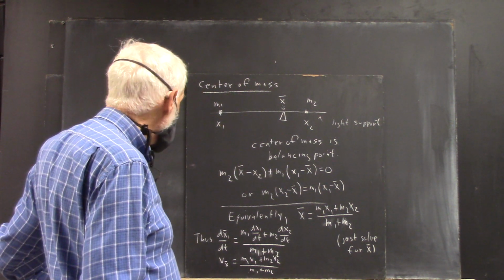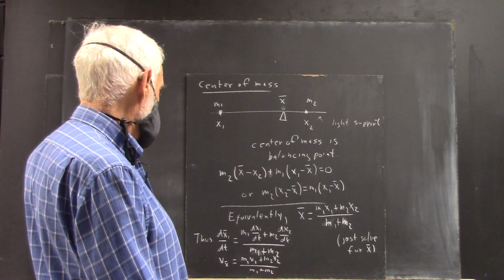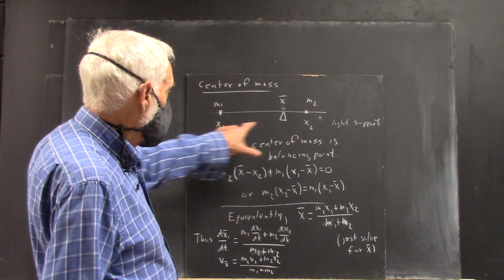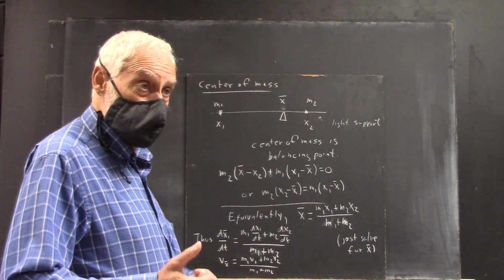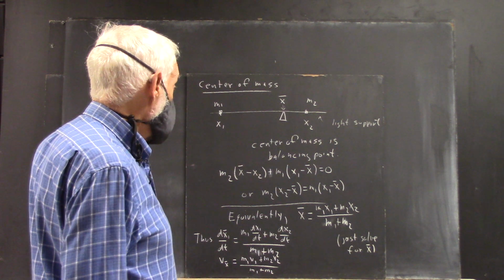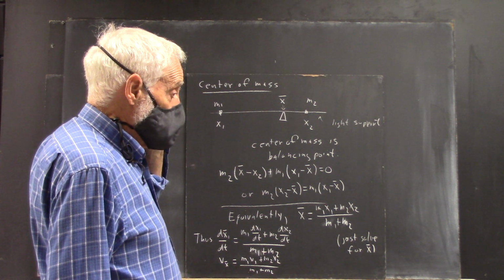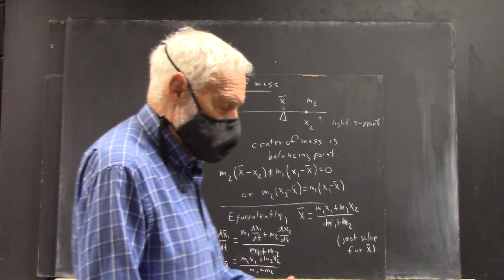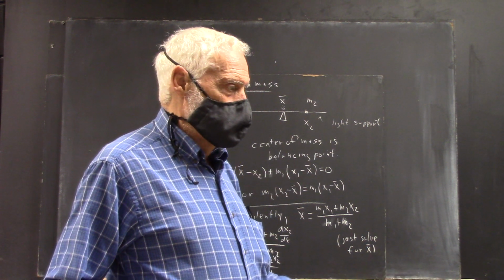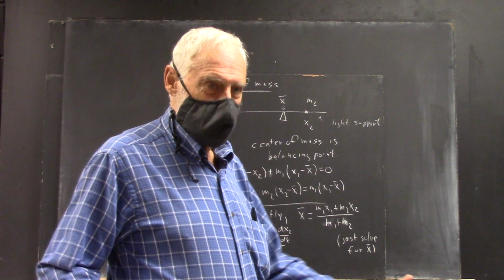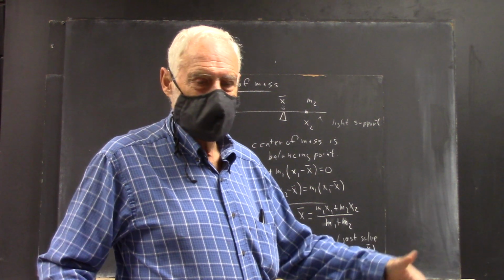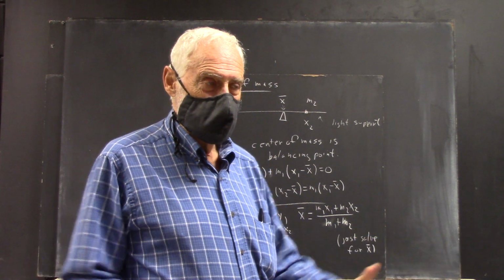Okay, so I wanted to show you that. Wanted to show you the intuitive thing about center of mass, balancing point. If you and an 8-year-old kid are standing on a 2x6, where do you balance it?